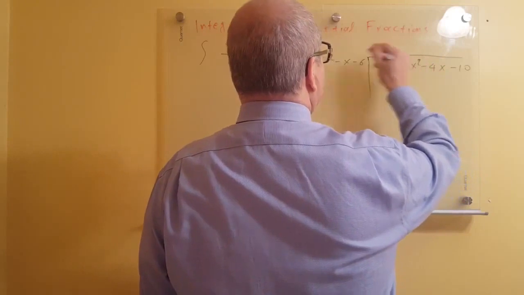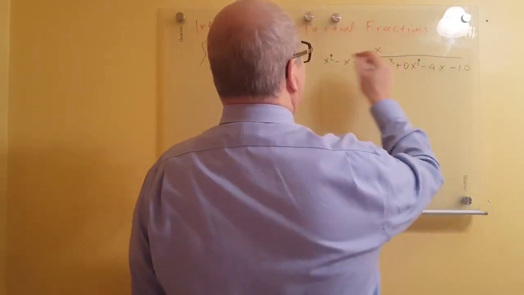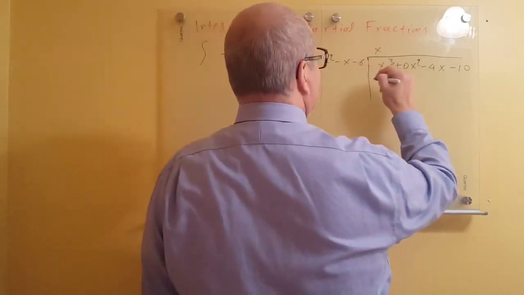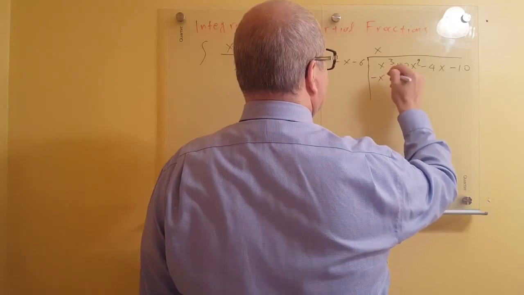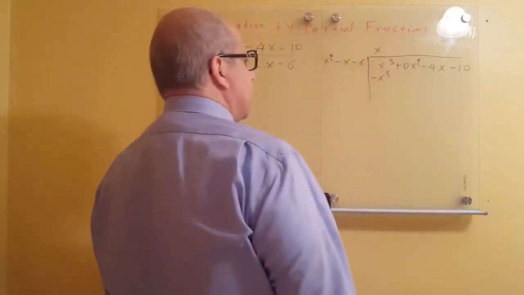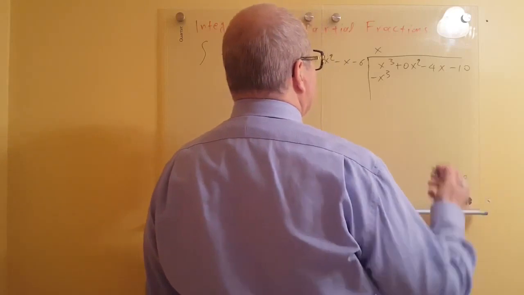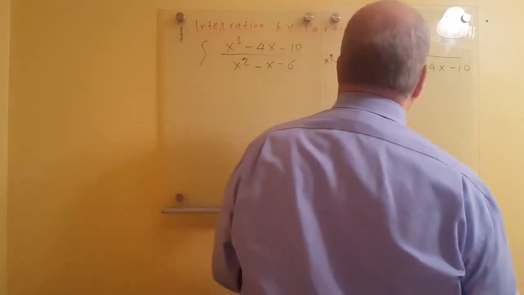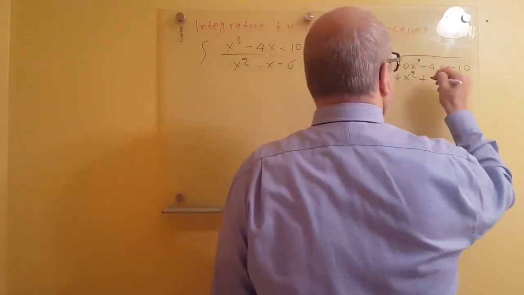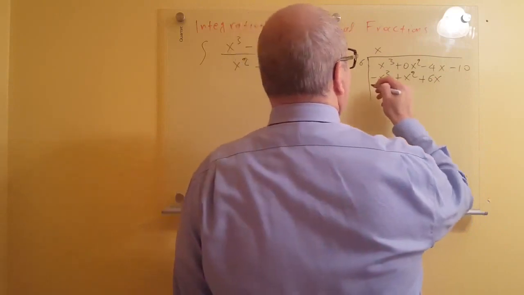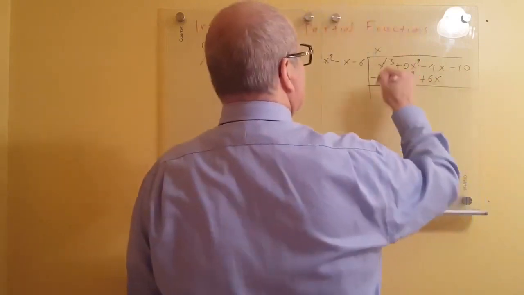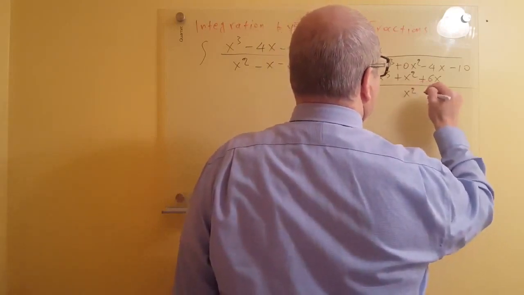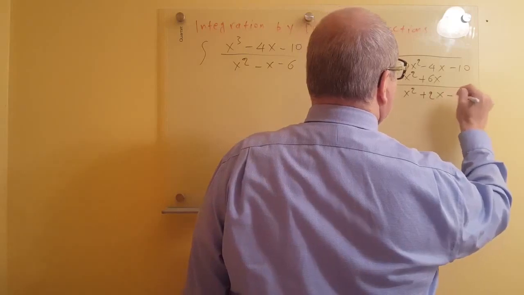Now you multiply and subtract: x times x squared is x to the third, with the minus it's minus x to the third; x times minus x is minus x squared, with the minus is plus x squared; and x times minus 6 is minus 6x, with the minus is plus 6x. Now you add, so this cancels with this, and here we have x squared plus 2x minus 10.